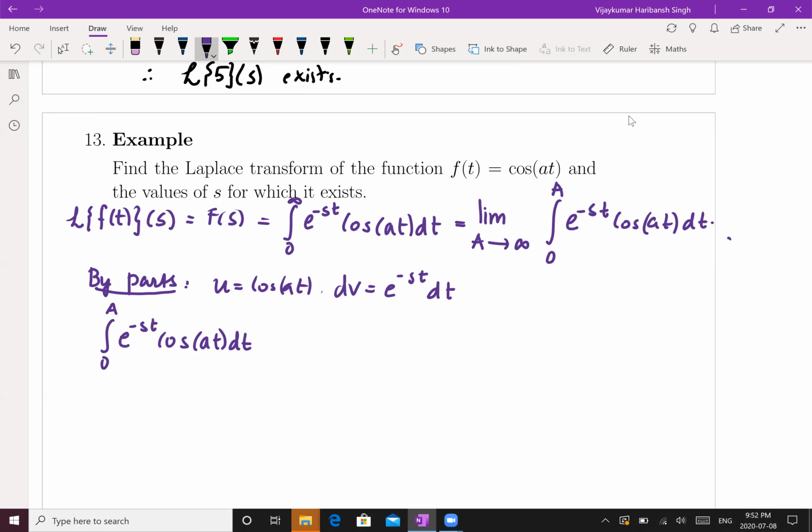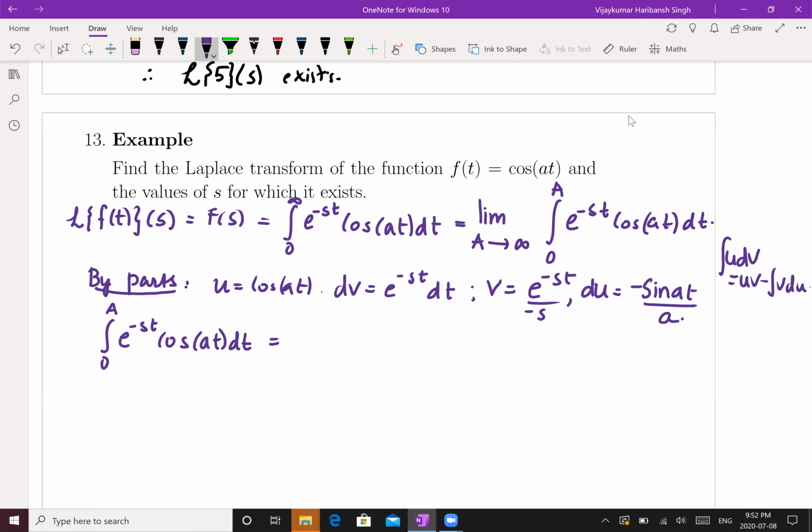What is the integration of u dv? It is uv minus integral of v du, right? So from here you can get v is e to the power minus st over minus s, and du is minus sine at times a.